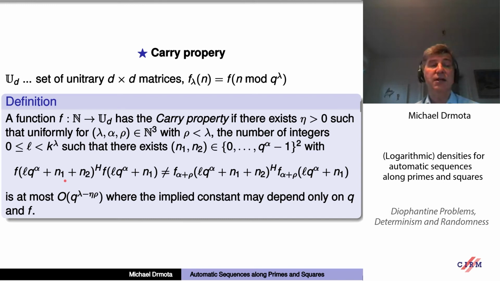So if this function f of n is consistent with the digital expansion and also reflects these addition properties in a proper way, then this is the carry property. And our automatic sequences have this carry property just by definition, because they depend heavily on the digital expansion, and if we change some digits, the other digits will not be changed.